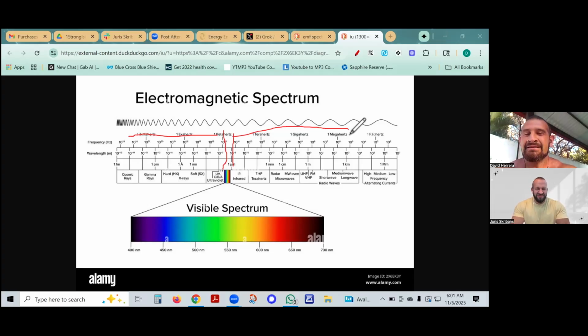So when I say light, I'm talking about the whole thing, the things you can see and the things you can't, because they're the same. The only difference is that your eyes have biologically been tuned to only see that sliver, which brings us to the main point: do these specific frequencies, the nanometers, do specific things in the body? And the answer is yes. But I wanted to highlight something that's not on here.